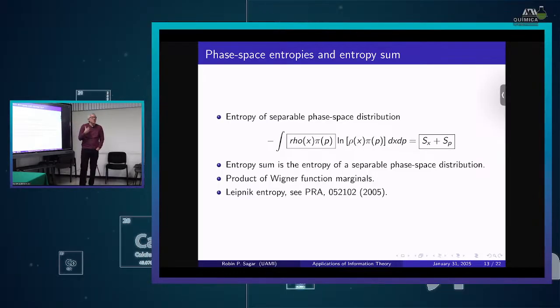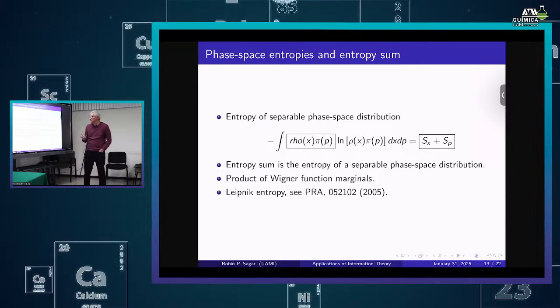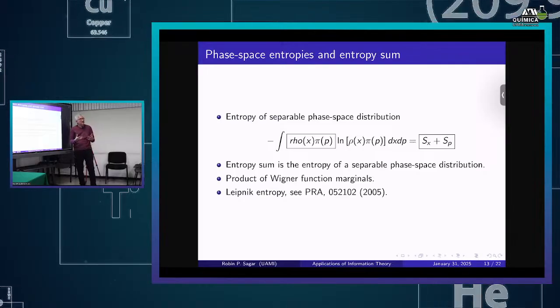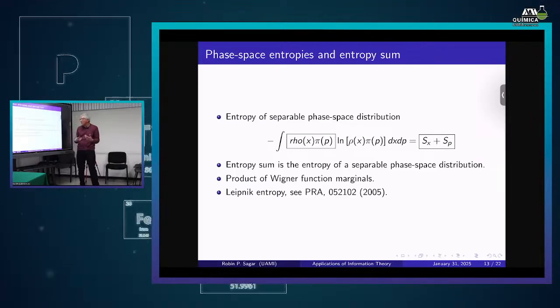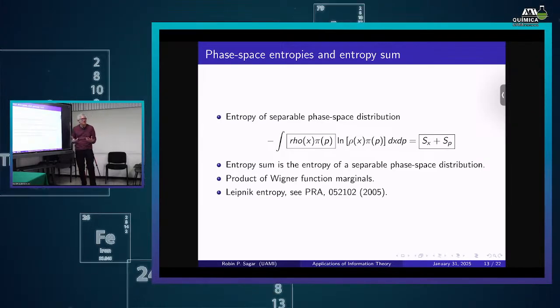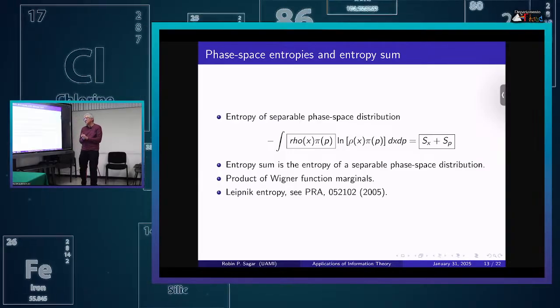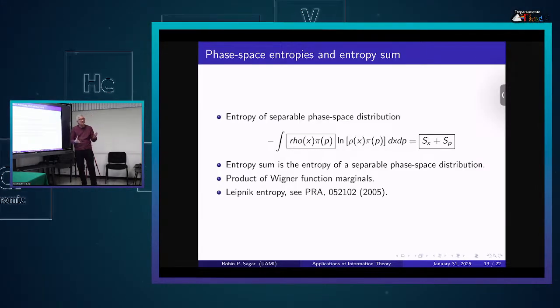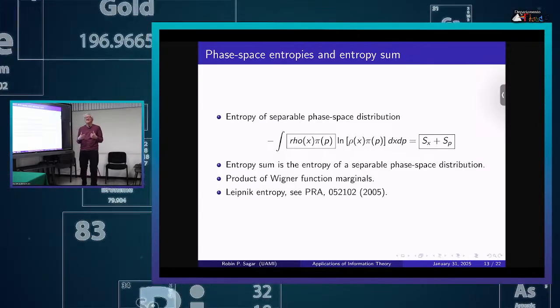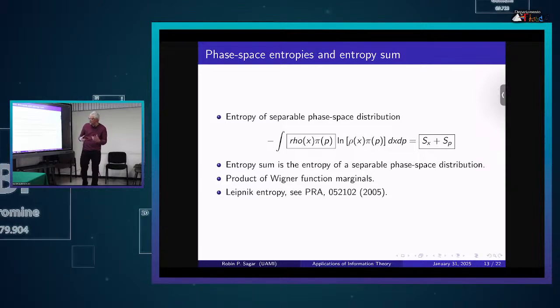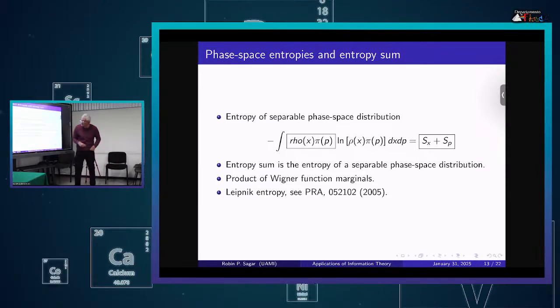So when you are using the entropy sum, you're using a separable phase space distribution, the product of the Wigner function marginals. And this in the literature is known as the Leibniz entropy. For a nice discussion, I just put it here in case anybody is interested in it.